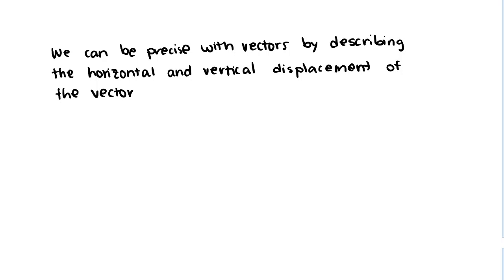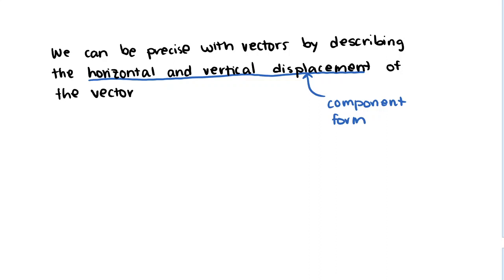Well, we can be a little bit more precise by describing a vector by its horizontal and vertical displacements. This will make things a little bit more concrete. And so here, this is typically called component form.